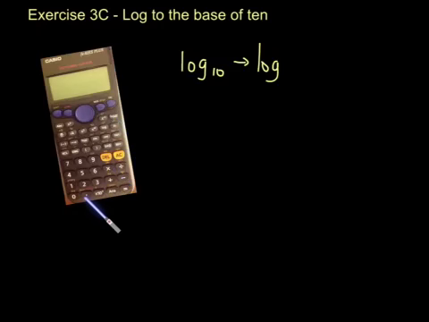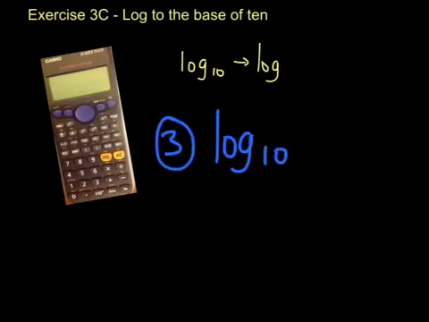If you want to work out log to the base 10 of something, for example, in the book, question 3 is log to the base 10 of 7,000. On your calculator, you just press that log button, which stands for log to the base 10, then 7,000, equals, and you'll get your answer.